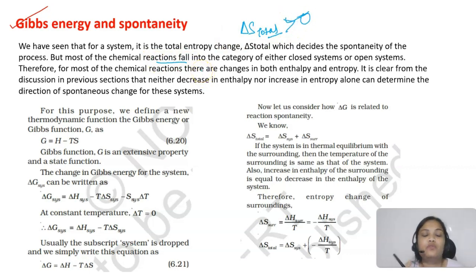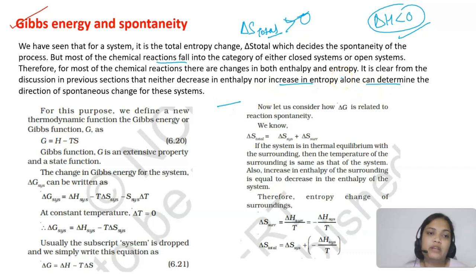But you know कि most of the chemical reactions they are happening like either closed system or open system. Okay, so closed system and open system में there will be change in enthalpy also and entropy also. Okay, so it means neither the decrease in enthalpy is there na for spontaneous process, you know.